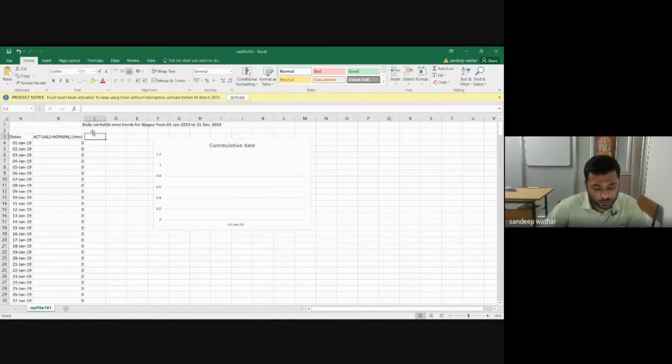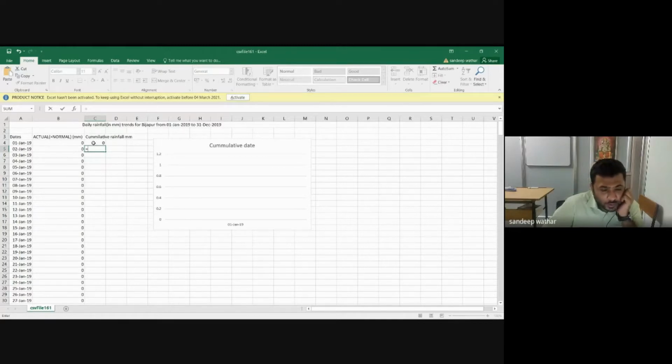So here I'll try to find out how we calculate cumulative values. Cumulative value means what? We need to add the preceding value with the next value, right? We have to keep on doing that same thing.